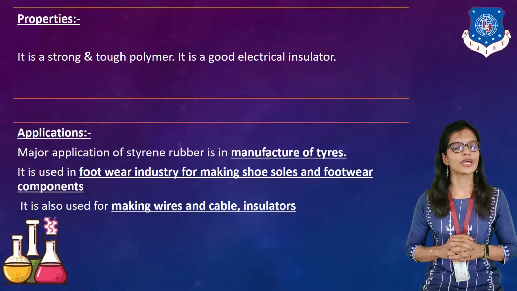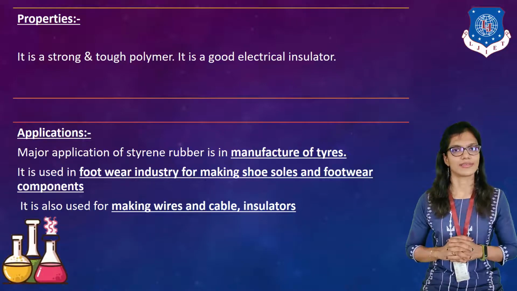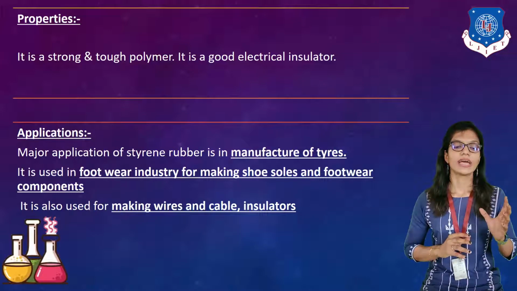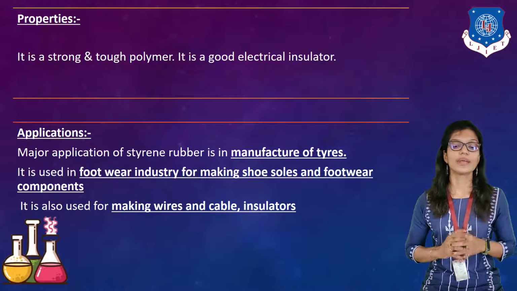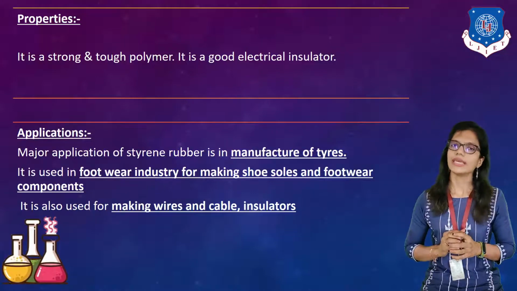So the major application of styrene rubber is in the manufacture of tires. It is used in the footwear industry for making shoe soles and footwear components. It is also used for making wires and cables.